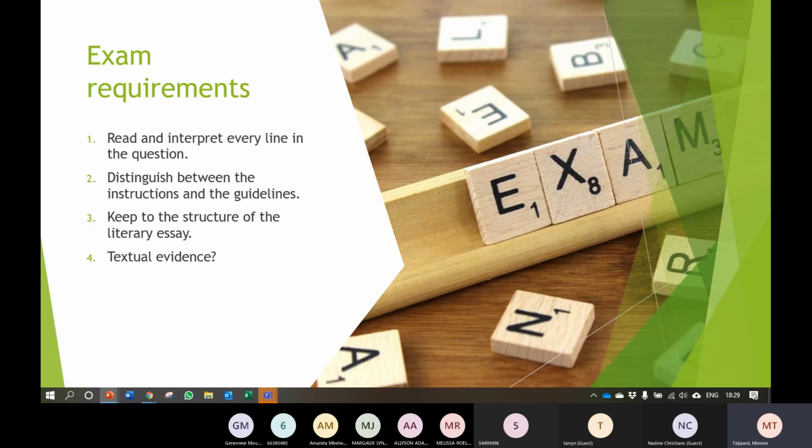In your 501, on page 77, they start off and they've given you a kind of mock question there: love is an important theme in the novel.